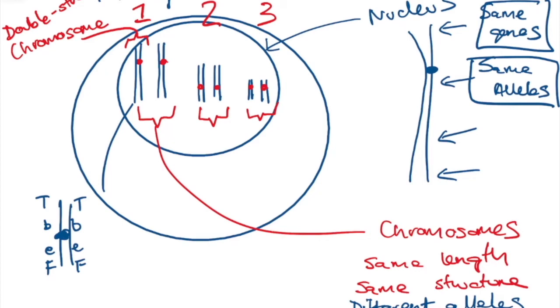So now, rather than calling each strand a chromosome, although it is, and once they separate, we're going to call them chromosomes again, we call the strands that make up the double-stranded chromosome sister chromatids, because they're together.